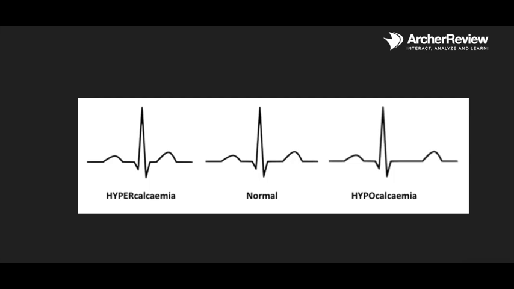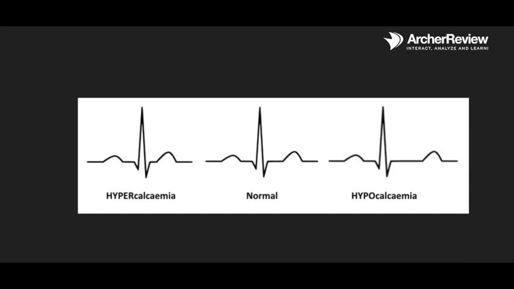So let's see what this looks like on an EKG tracing. Here, obviously not a real EKG tracing, but this will give you the best picture. We have our normal complex in the middle. You can see our P wave, our QRS complex, and our T wave. Very simple. Now to the left, we have too much calcium, hypercalcemia. So we're seeing a decreased QT interval.